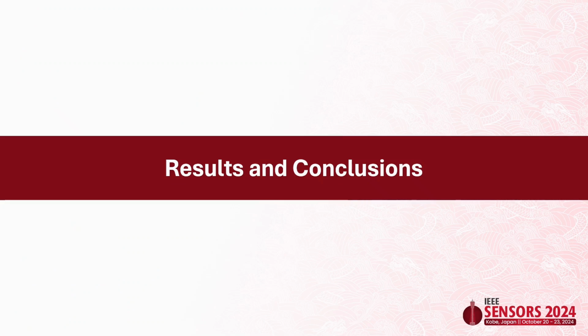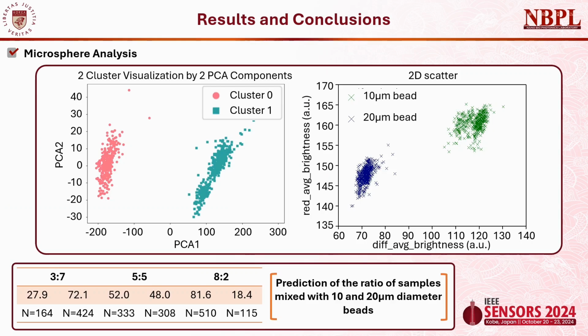Now here are the results from various experiments. Through principal component analysis, we were able to clearly distinguish between 10 micrometer and 20 micrometer microspheres by plotting a two-dimensional scatter plot. We confirmed that the two groups were well separated.